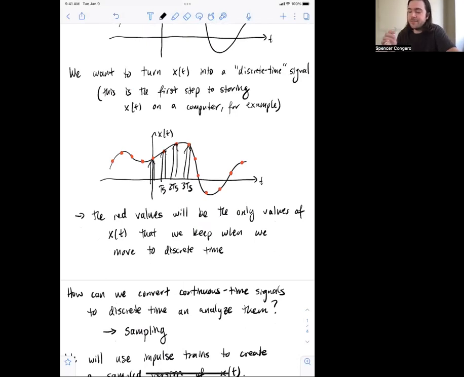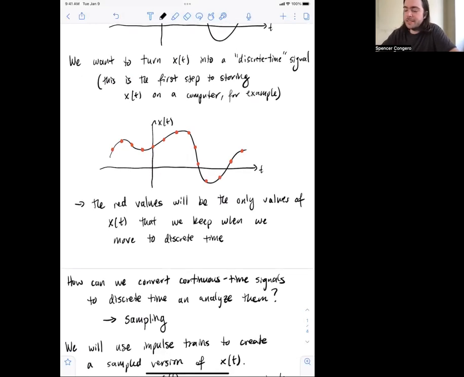We're going to have a sequence of delta functions whose heights or areas are the values of x of t we care about. So this would be scaled by like x of 3 times T sub s. Don't worry, I'm going to draw all this again. I just wanted to connect it really quickly so we're on the same page, and then we'll do it all out in more detail. The reason we make these values be scaled delta functions, instead of just having those values themselves, is that we want to be able to recover these values via integration.